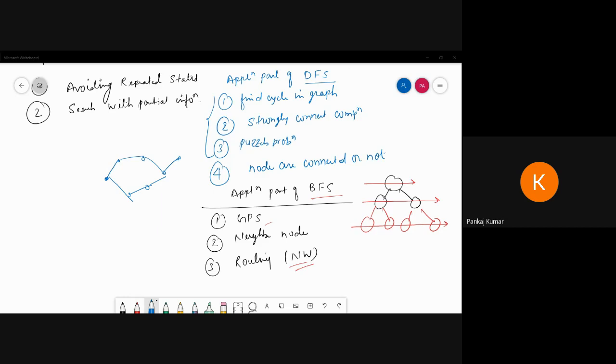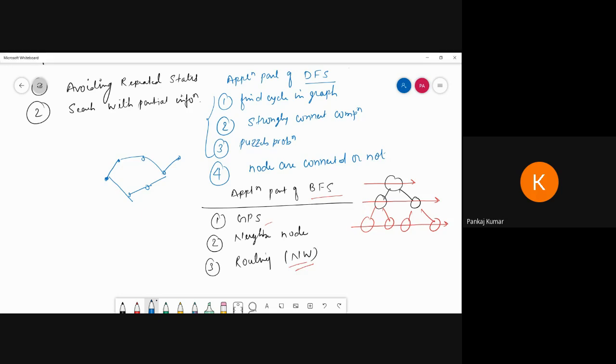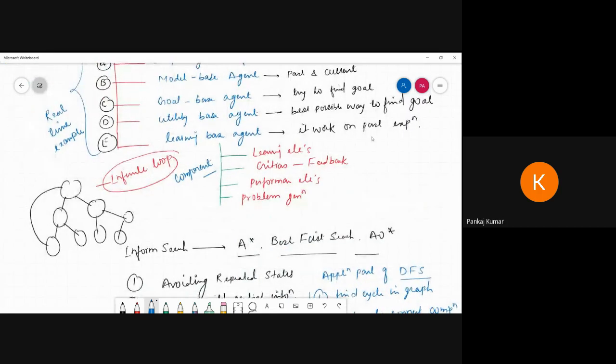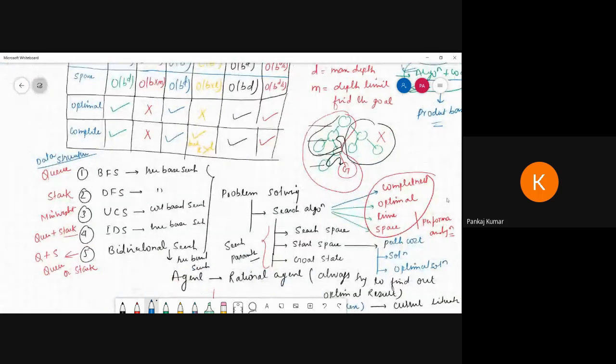Is it clear? I hope you have no doubt regarding AI problems, search problems, and informed search.